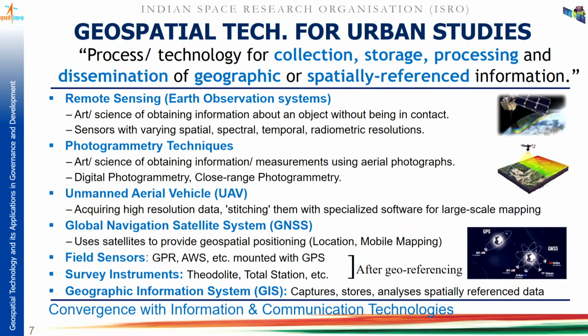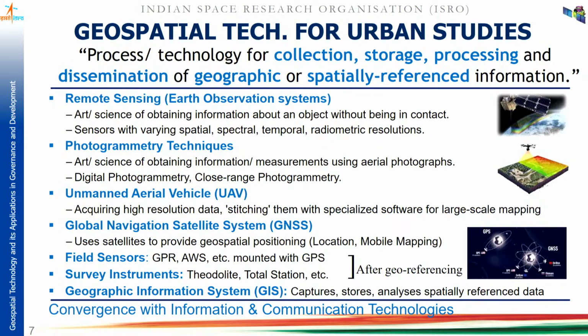Then for location based services and for mobile mapping, we are also using the global navigation satellite systems. Especially this location based service is being used by a number of people. And we are also using some field sensors like the ground penetrating radar for mapping of water pipelines and sewerage pipelines.